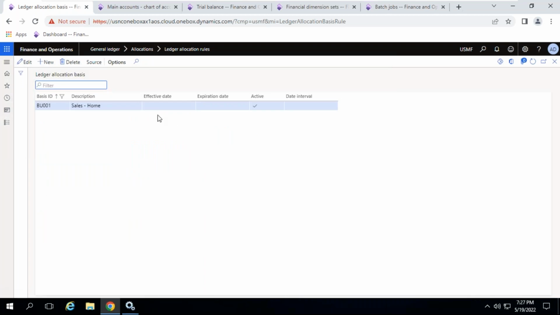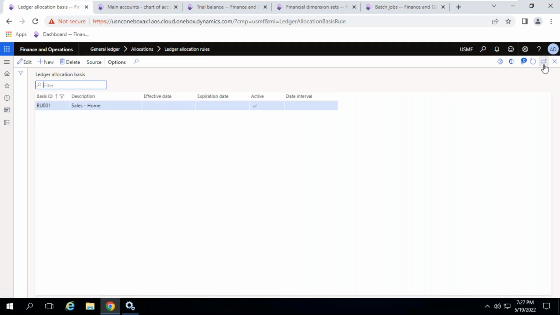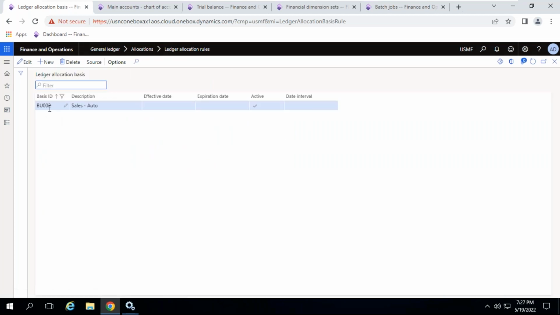So the first one, what does this mean? In this basis, it was mapped like main account plus business unit. This is all sales: 401200, 401100, 401300, 401400, 401500. All these are sales and business unit 01. That is basis 1. Now basis 2 is different, has a different source.